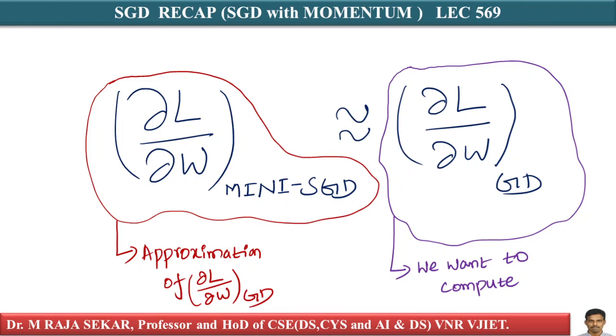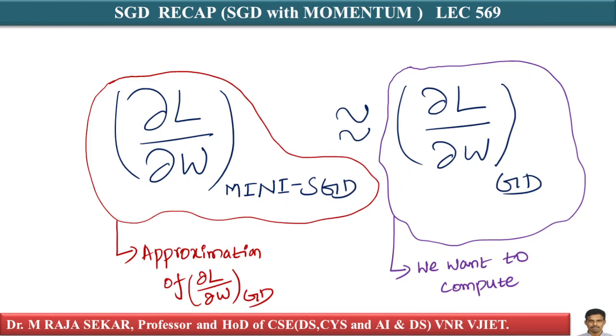This mini batch SGD is an approximation. dL/dW with respect to mini batch SGD is an approximation of dL/dW with gradient descent. These are approximately equal. They are not exactly equal to each other, but they are approximately equal. We are expected to calculate the gradient descent derivative, but computing it is very expensive.